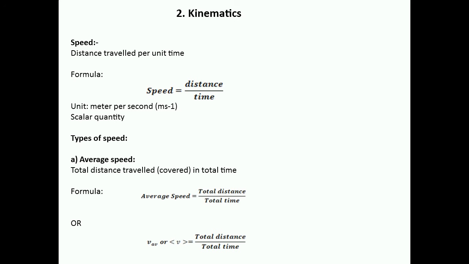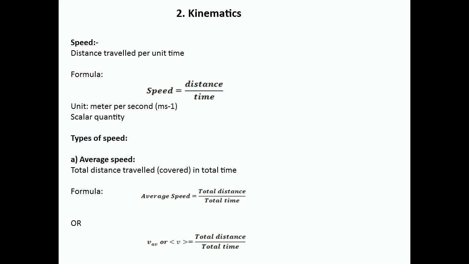So for measurement or calculation of speed, you do not need the direction. Speed depends on distance, and distance is a scalar quantity, so speed is also a scalar quantity.